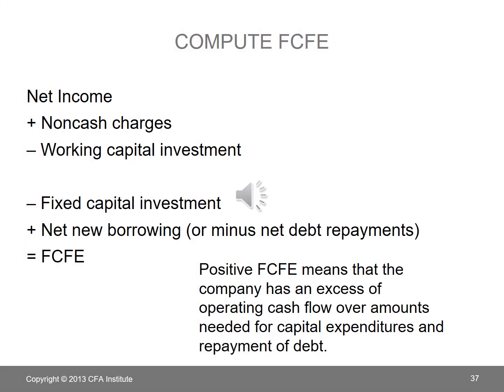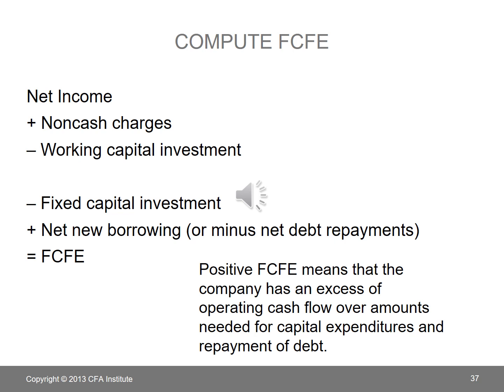Remember that we said that free cash flow to equity is the free cash flow after investment in working capital and fixed capital available to equity holders only. So we can calculate that using the following method, which is to start with net income and then add non-cash charges, minus working capital investments, minus fixed capital investments, and then we add net new borrowing or minus net debt repayment.